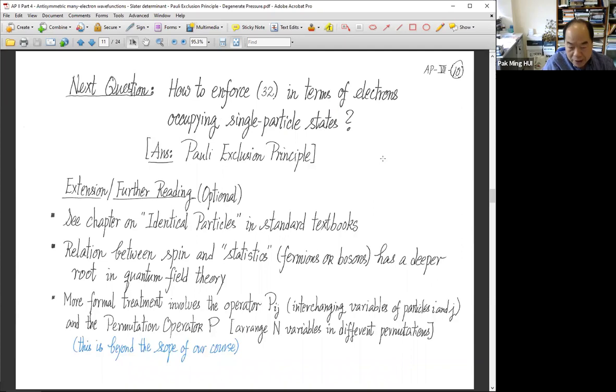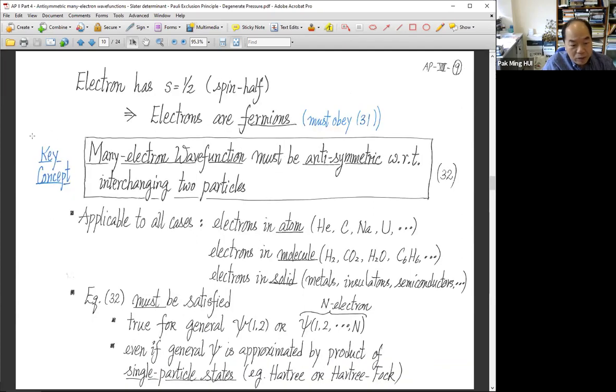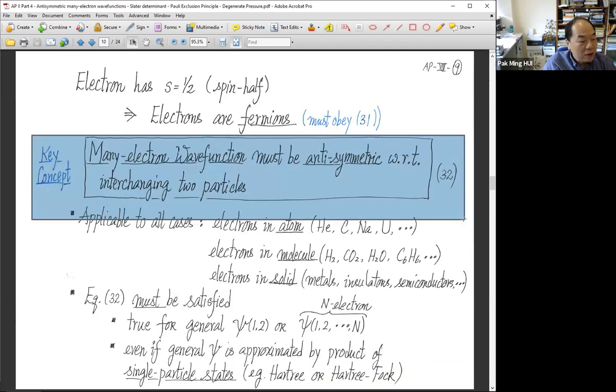So this is the general requirement. You carry this into many other courses: statistical mechanics, many body problems, solid state physics. You need that.